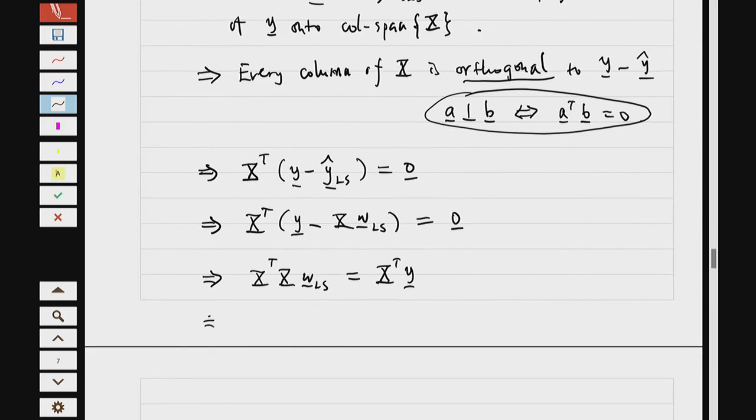And of course, this gives you W LS, and that's exactly what we had before. This is the same as before, so it is expected. We have managed to solve the same problem using a geometric analysis, as earlier we used a pure algebraic analysis to find the same solution.